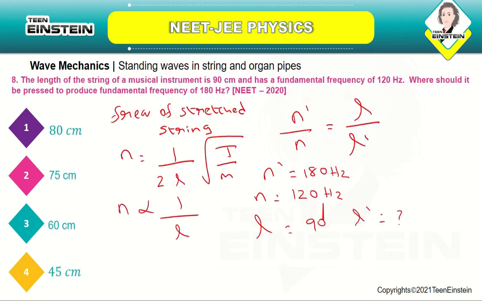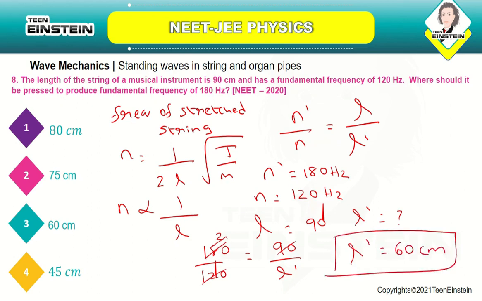So you substitute it here. So 180 by 120 is equal to 90 by L dash. This becomes 3 by 2, and if you cancel, L dash will become 60 centimeters. So the correct answer is option number 3.